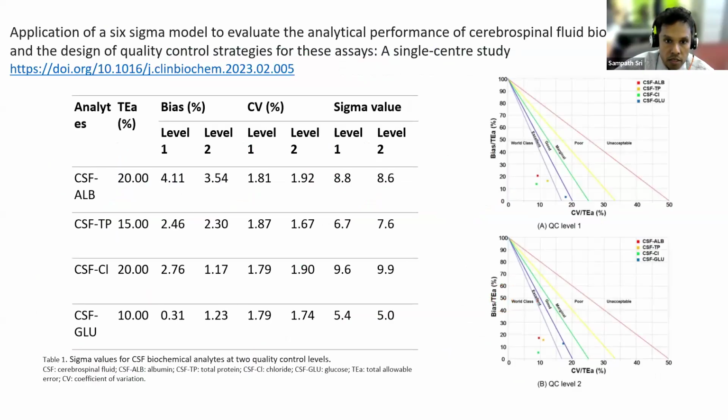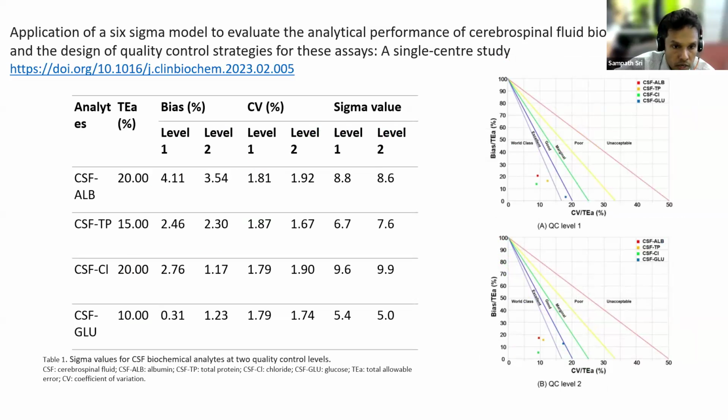I'll give you one example of how this sigma rule was used to improve an analytical process. This is from a paper. They described this on their CSF sample testing. For CSF albumin, they have a sigma of 8.8 and 8.6, and total protein is again above 6.